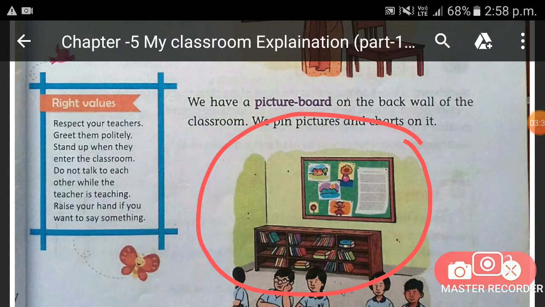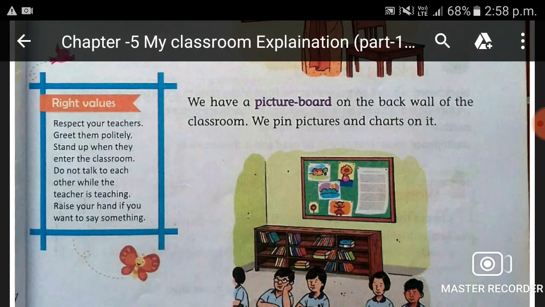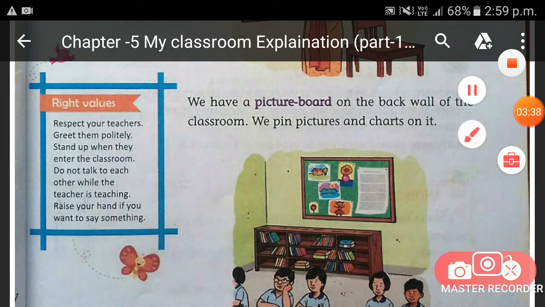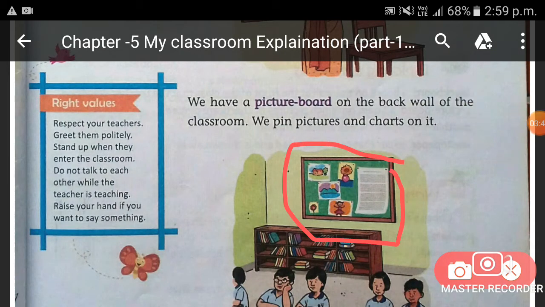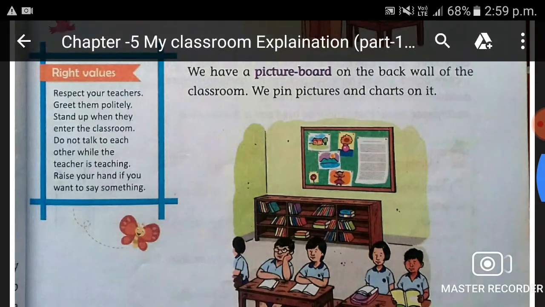This is the picture of a picture board. Our teachers pin the informative charts and the pictures on it. Okay, and where is it placed? It is placed on the back wall of the classroom. Okay, is that clear?